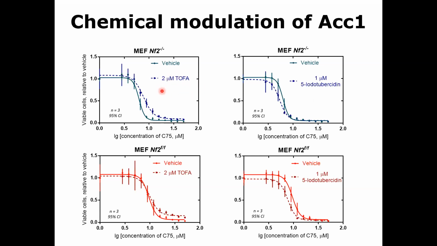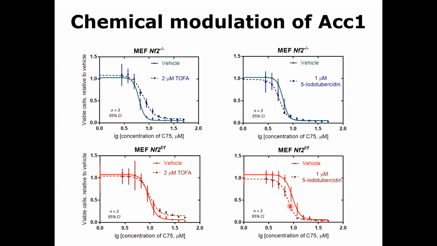When inhibiting with tetraoxofuroic acid, we get the loss of sensitivity, and not so much in the NF2 flux cells. There is a reason for that. I'll explain later. And when reactivating with 5-iodotubercidin, we get the increase in sensitivity, and this increase is much more prominent in NF2 control cells. Again, I'll explain why it's happening.